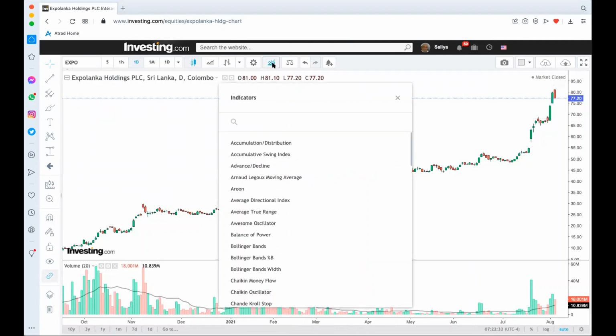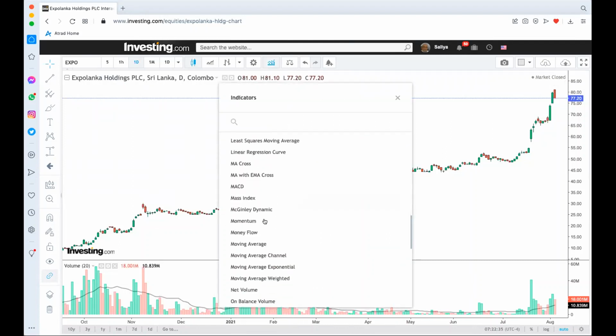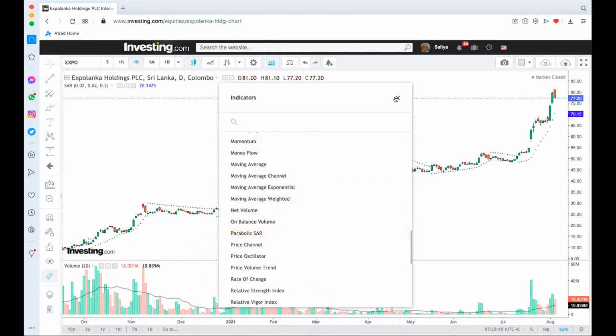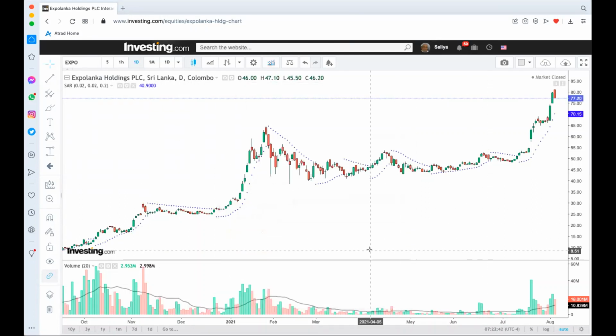The parabolic stop and reverse indicator allows us to understand the entry and exit positions.